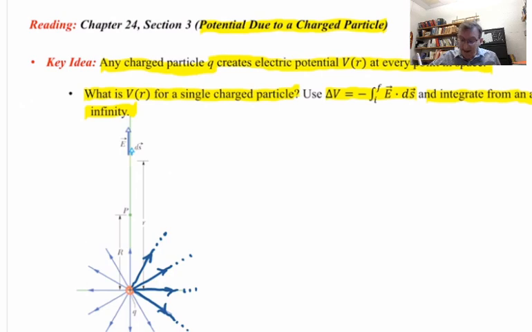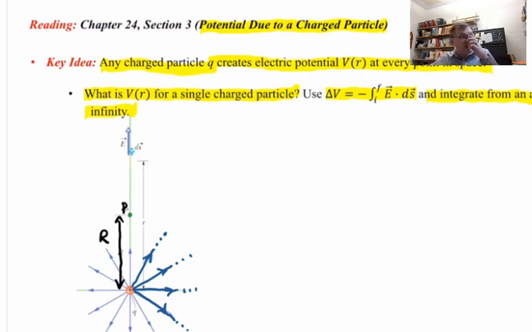Then they've taken this green line, just going straight through and going on up in the plane of the screen, and they're going to pick a point P right there on this line. Point P is a distance big R from the charge. And we're going to start at that point P, and we're going to integrate along a radial path going upward in the plane of the screen all the way to infinity.